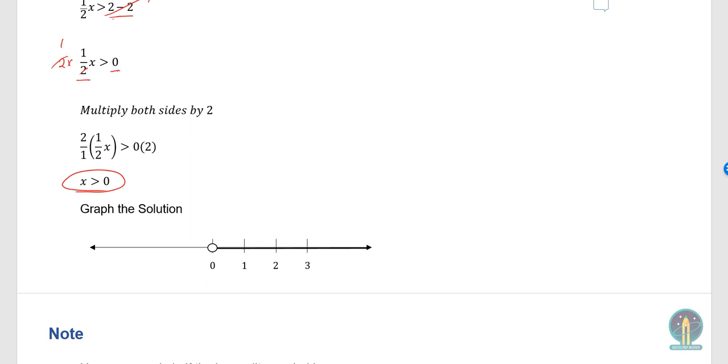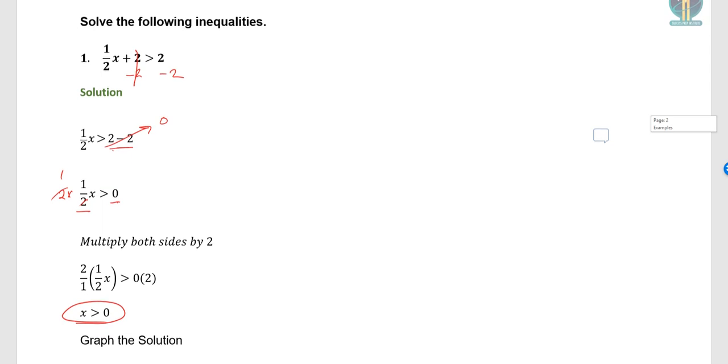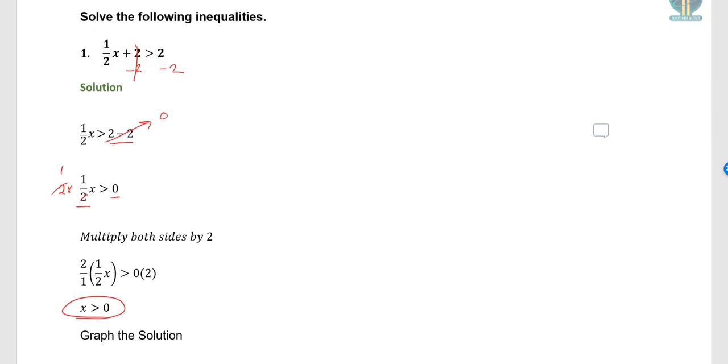So the solution to this inequality is any value of x that's greater than 0, not greater than or equal to 0. So 0 itself is not included, is not a solution, but anything greater than 0 is a solution. Let's plug in 1, for example, for x.